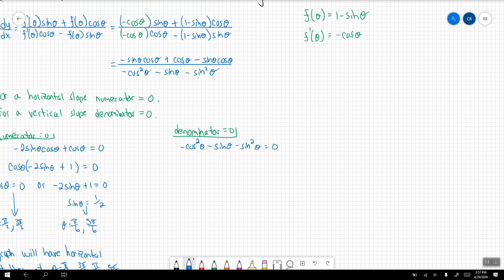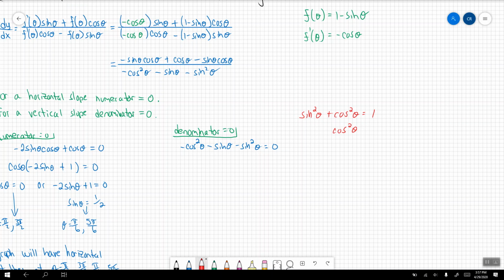Now, thinking back to trig, we have to go through and solve this. And it's actually not too bad to solve from when we learned in trig, because I see that I have two different trig functions here, sine and sine squared. I do have cosine, but cosine is not going to matter too much, because I'm going to make a substitution for negative cosine squared. I'm going to use the fact that sine squared theta plus cosine squared theta is equal to 1.